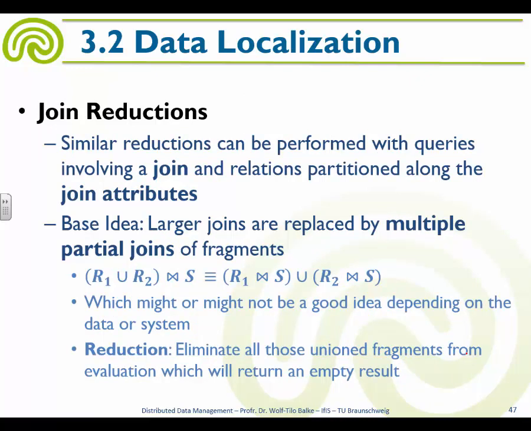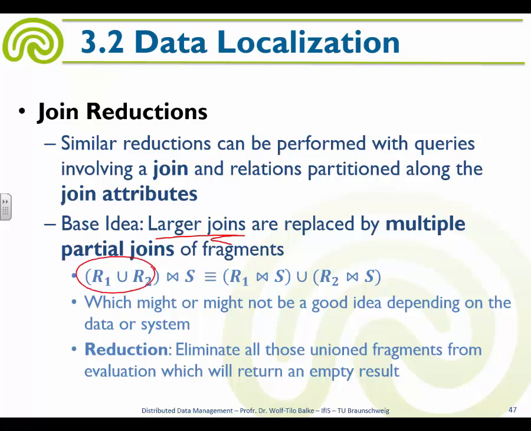You can do join reductions, very similar to the selection reduction. Join is a selection over a Cartesian product, right? So the idea is that if you have larger joins for the complete table, you can also build smaller joins of the fragments.